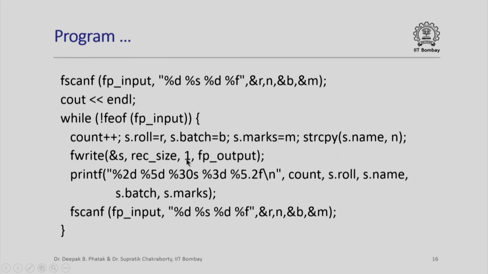Please note that I am writing the output file sequentially. So after this write, I of course print that record for my own benefit and read the next input record, go back to this while statement. So as I read records one by one from the input file, they will get written in terms of the fixed length structure S into the output file here.